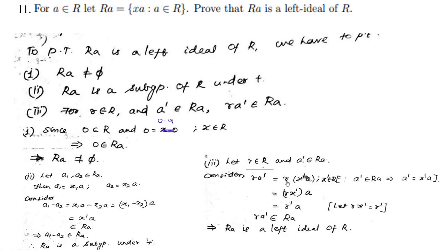Your r is in capital R, X prime is also in capital R. So the whole lot is in capital R. That is denoted as some r prime. So you have this as such. So rA prime is in RA. So RA is a left ideal. We cannot have this to be a right ideal. So even in this case, description, non-empty criteria.